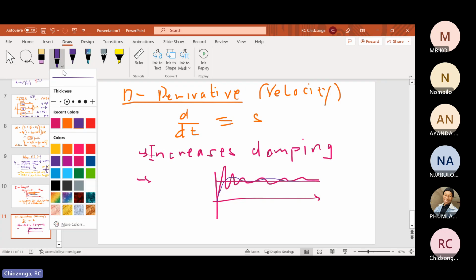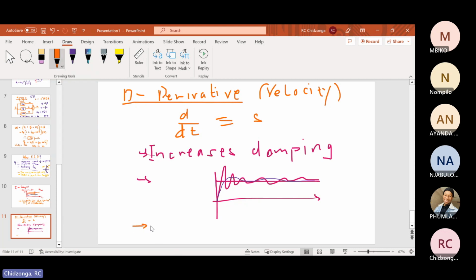One well-known disadvantage of velocity feedback or derivative control is noise amplification. Derivative feedback has the potential to worsen the effect of noise on the output of a system.